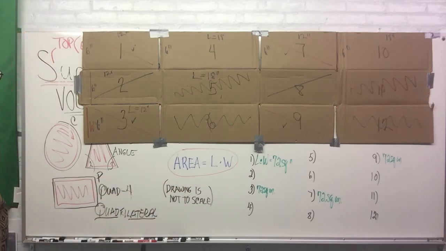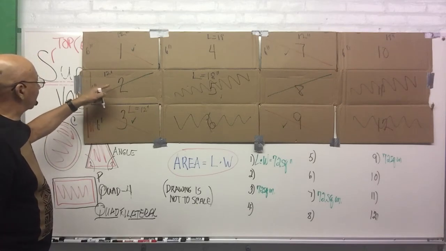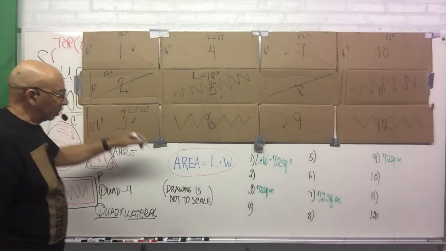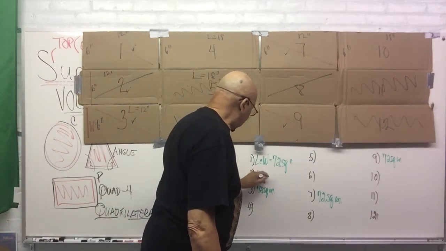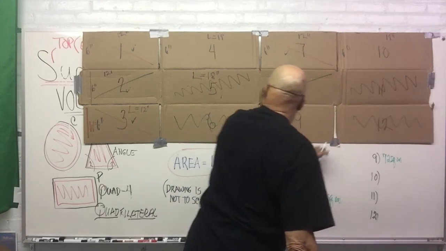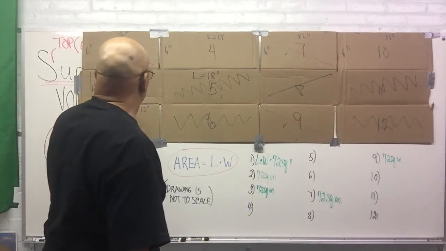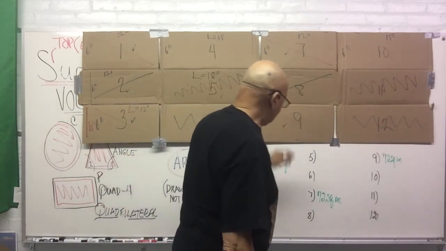So now, we said that number 2 is 12 times 6. That's 72 also. So number 2 is 72. See how easy this is because we're using the same dimensions repeatedly. Number 2 is 72. 2 is the same as 8. So 8 is 72.